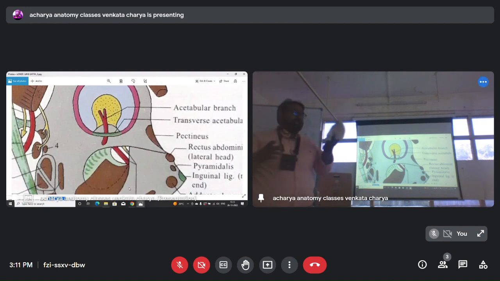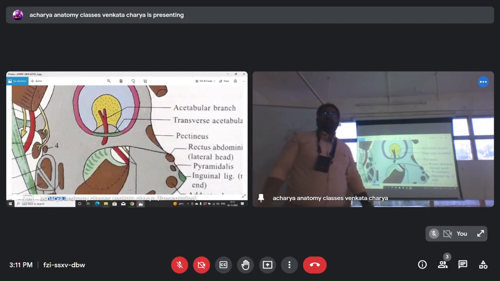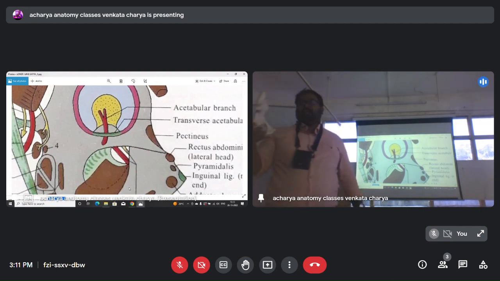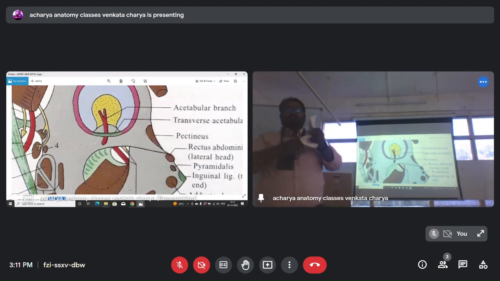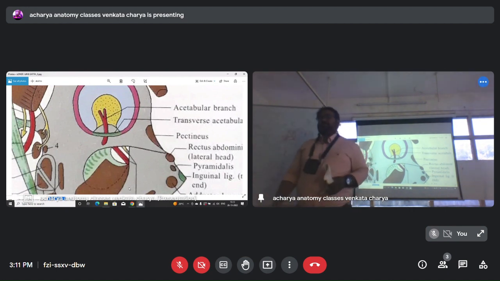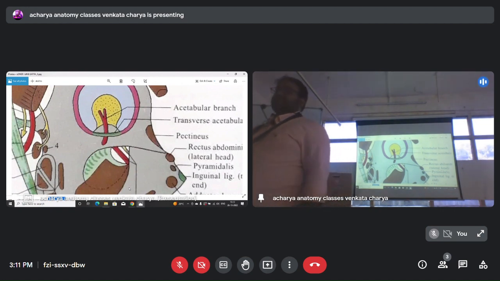Next, inferior ramus. Inferior ramus consists of two surfaces and two borders.